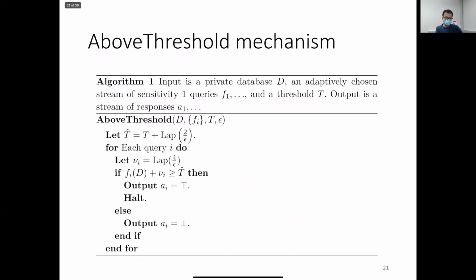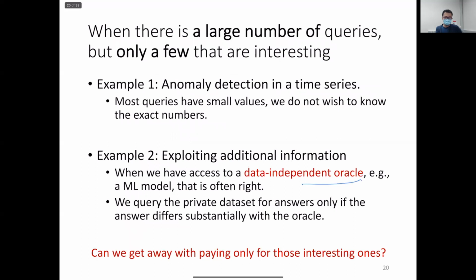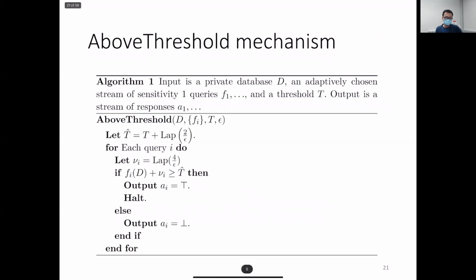Okay, that's the motivation of this setting, and it turns out that we can do this with an extension of the Laplace mechanism. The whole thing is called the sparse vector technique, where the sparse vector is a sequence of queries of which only a small, sparse subset is interesting.